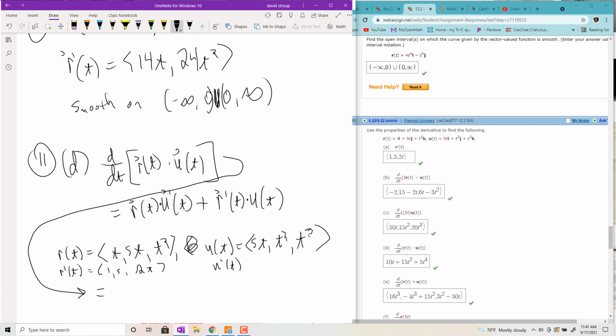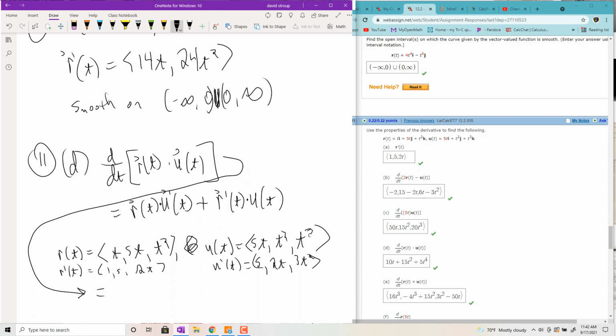It's almost easier to, I mean, the dot product is a scalar, right? So if you took the derivative of a scalar, you would get 0. But these are functions of t, so that's not necessarily true. But if you were to compute it, yeah. Okay, I'll just shut up. This is 5, 2t, 3t squared.